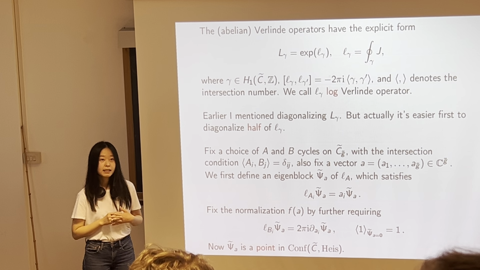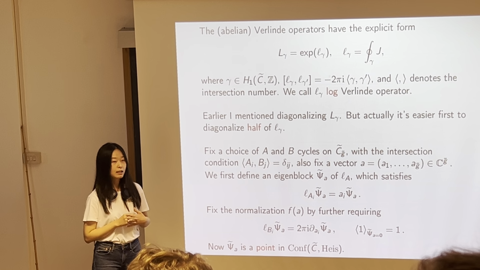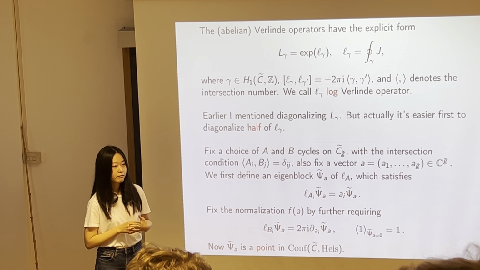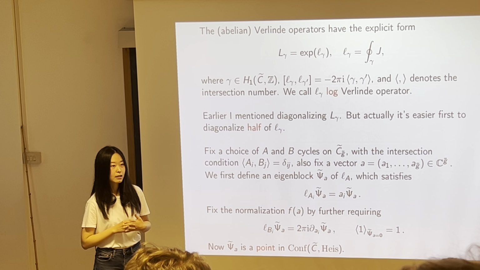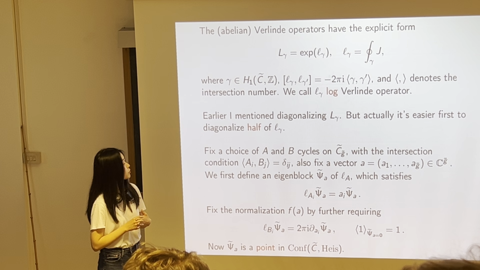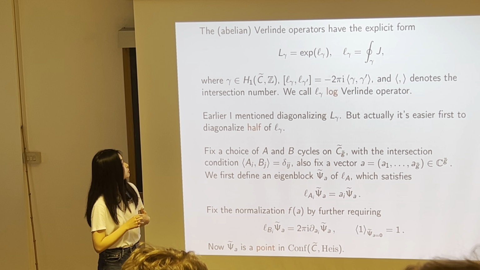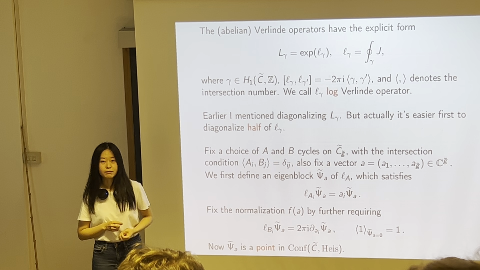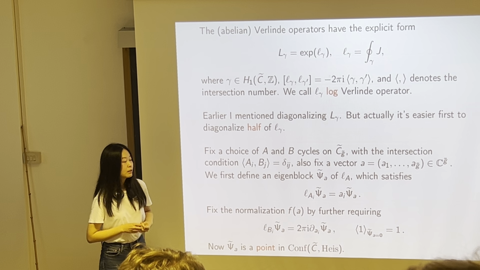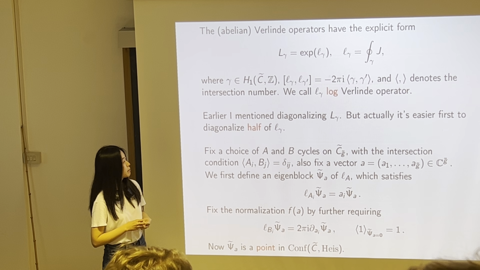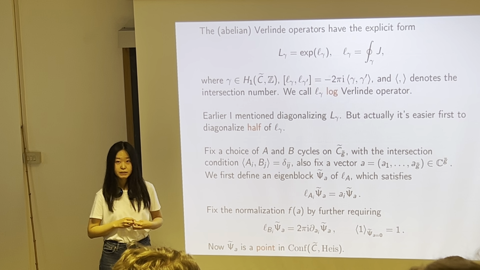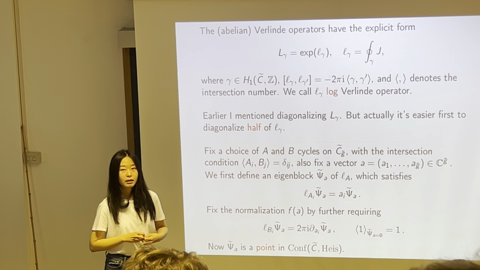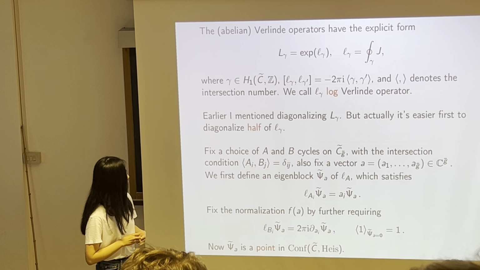Okay, so as with many other quantities on the Heisenberg side, the abelian Wilson-Dehn operators have an explicit expression. Here, the Wilson-Dehn operator L_gamma for a loop in the first homology class of C tilde is just the exponential of some operator, little l_gamma. We will give a name to those l_gammas as the log Wilson-Dehn operators, and they can be expressed as the integral of this generator J around a loop gamma.